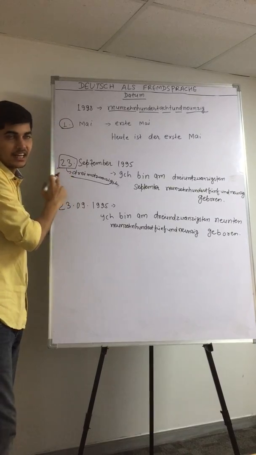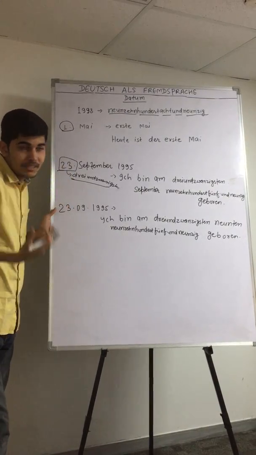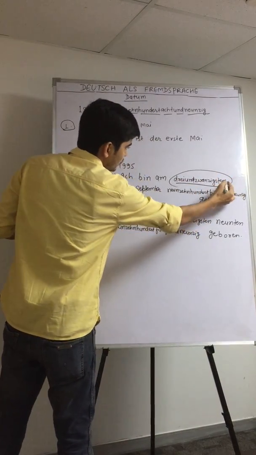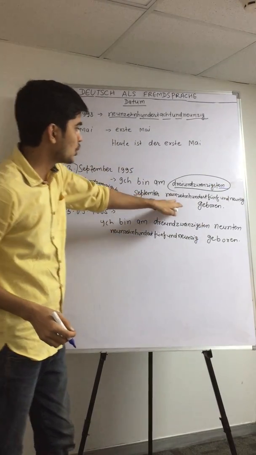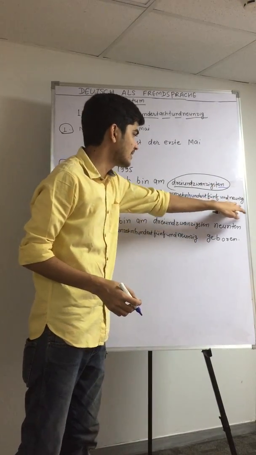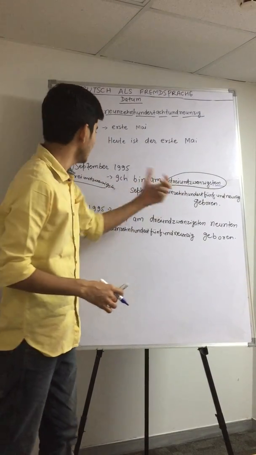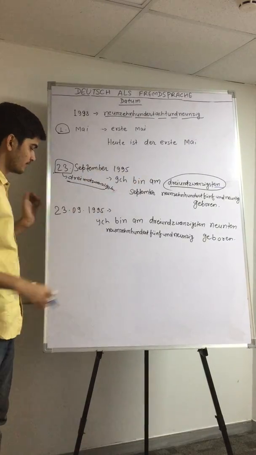And this is der Tag. This is day, and day means Tag. And Tag is masculine, that is der Tag. That's why 23. September 1995 geboren. Geboren is to be born. So I was born on 23rd September 1995.